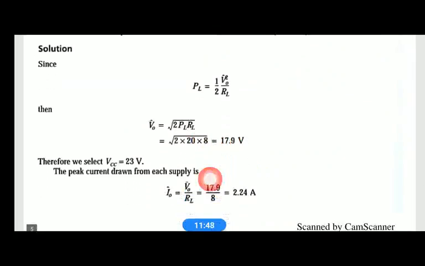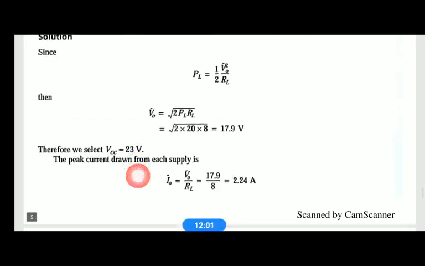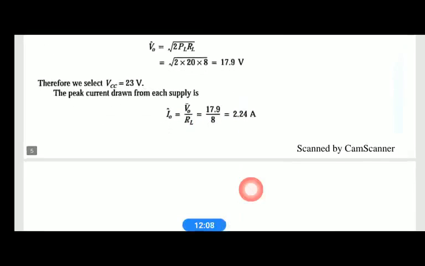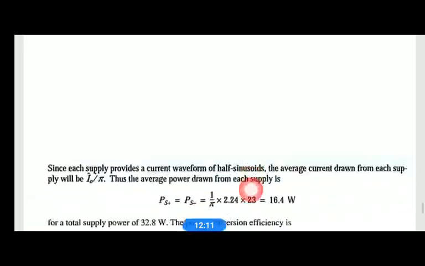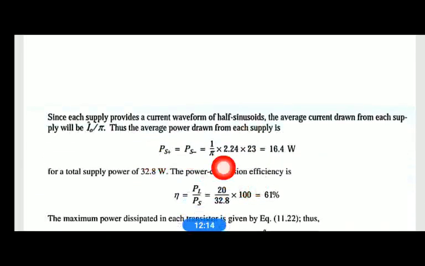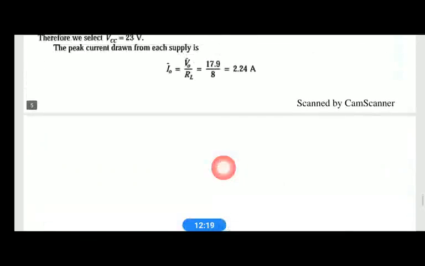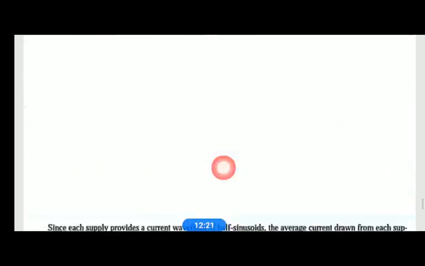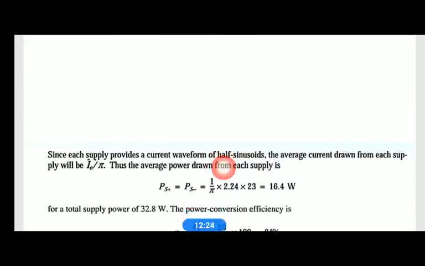Then we select the VCC, which is 5 volt greater than V0. So V0 is approximately 18 plus 5, so VCC is 23 volt. We'll select that here. Then we calculate the I0 here. I0 is V0 by RL, which is 2.24 amp, right? Now the supply power. The supply power formula is V0 by RL into VCC divided by pi.